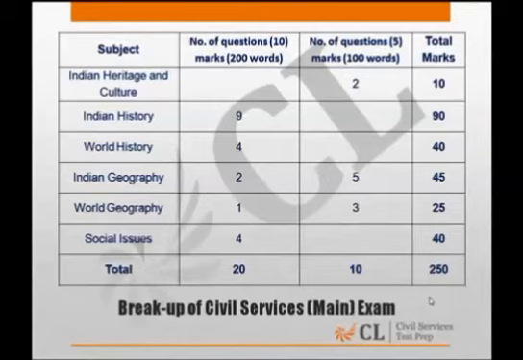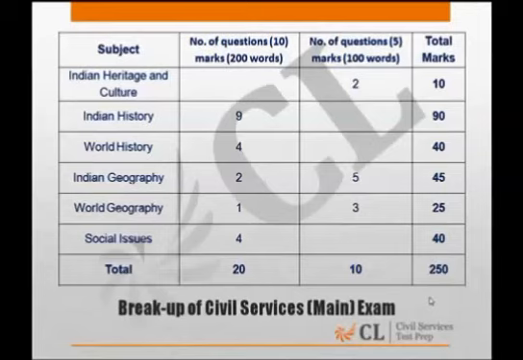Since last year there were questions of only two types. One, 200 words, for which 10 marks were allotted, and the other were questions of 100 words only, for which 5 marks were allotted.